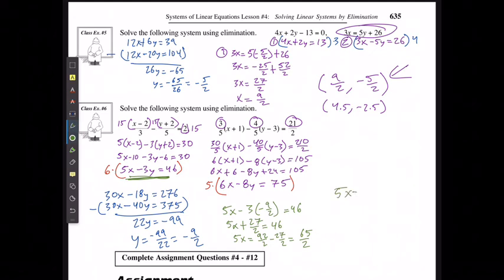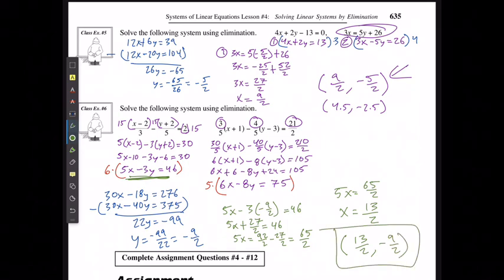And if 5x equals 65 over 2, and I divide both sides by 5, just divide the numerator, x is going to equal 13 over 2. So my solution for this is going to be 13 over 2 and negative 9 over 2. And there's my answer.